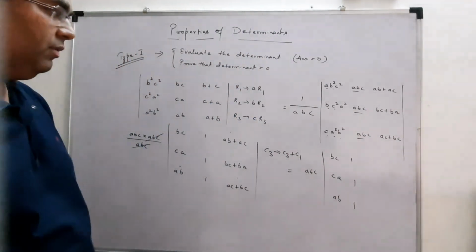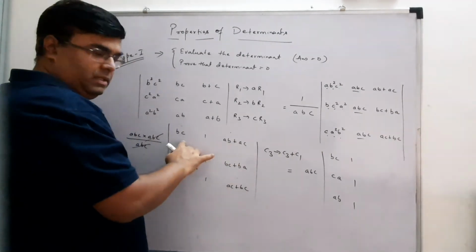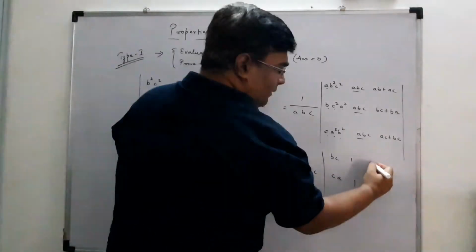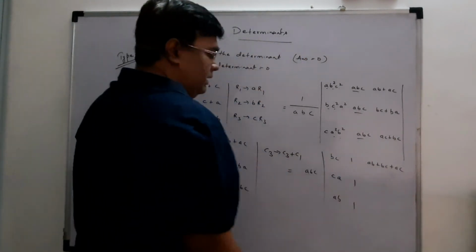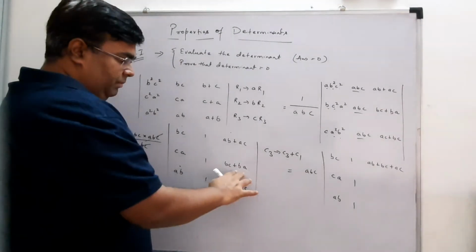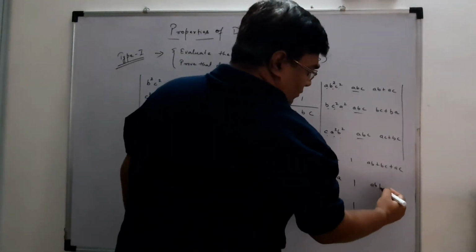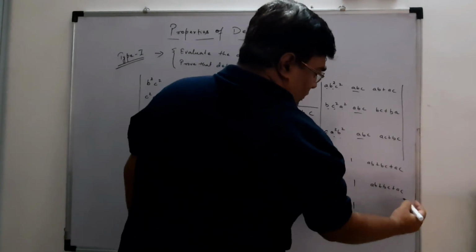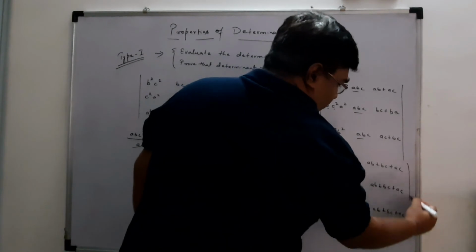My third column will become AB plus AC plus BC. I am writing it as AB plus BC plus AC. Similarly, AB plus BC plus AC. My third element will be like this only.